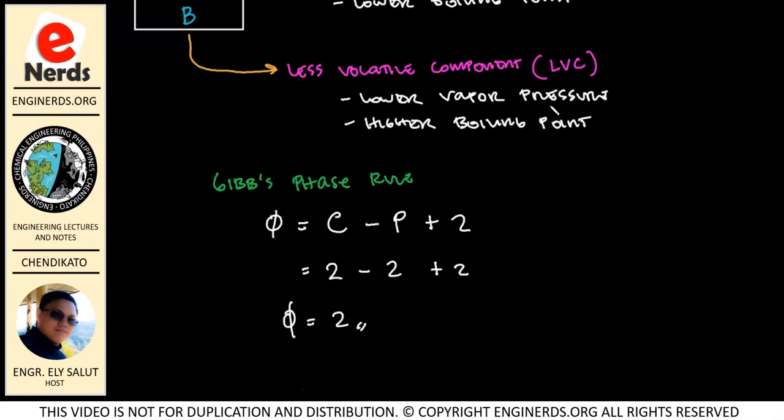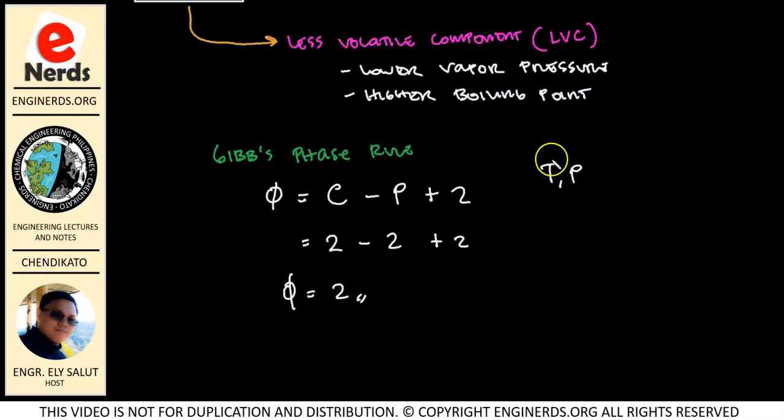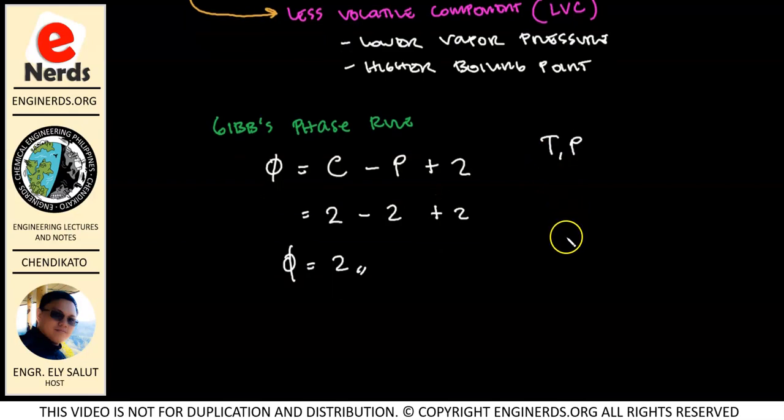It basically means that if the pressure and the temperature are specified, given our temperature and pressure, then the concentrations X and Y become fixed. So this is what we are referring to here, X and Y, the concentrations in our system. In that case, if our temperature and pressure are specified, our X and Y become fixed.